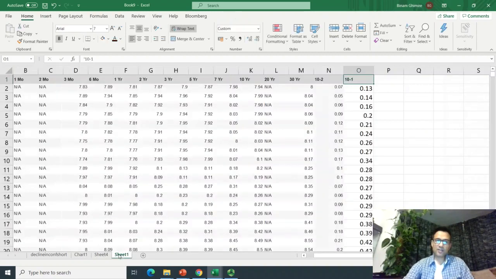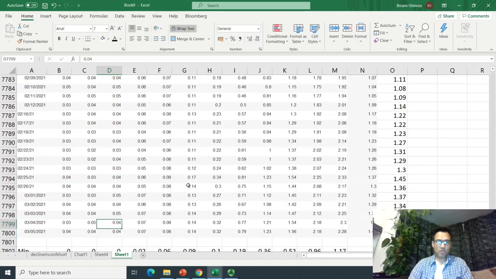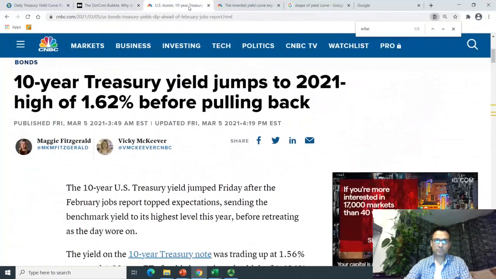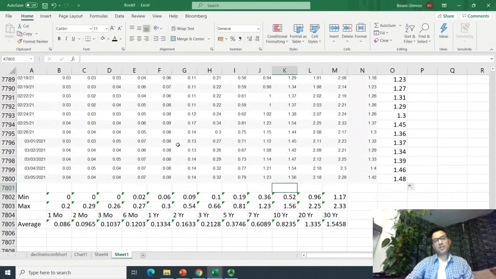But if we see the yield curve as of now, then we know that this is historically low, but there is some sign in terms of recovery that we saw through the news, such as this. But what does this mean then?